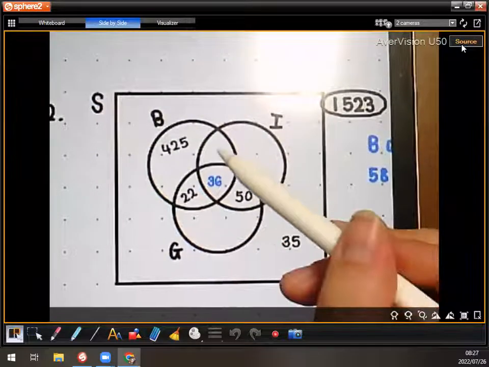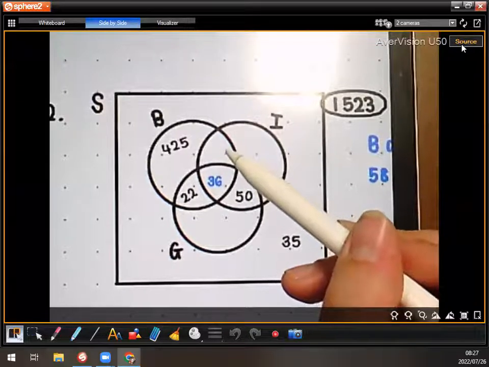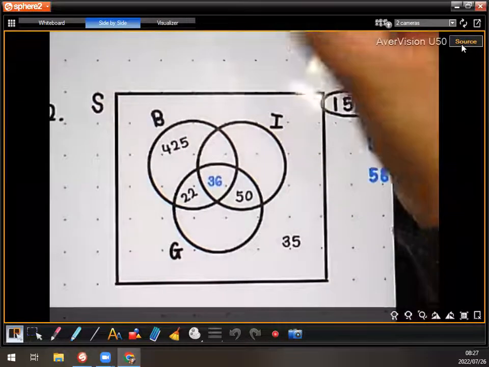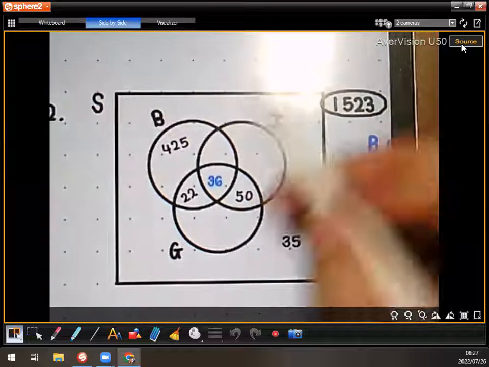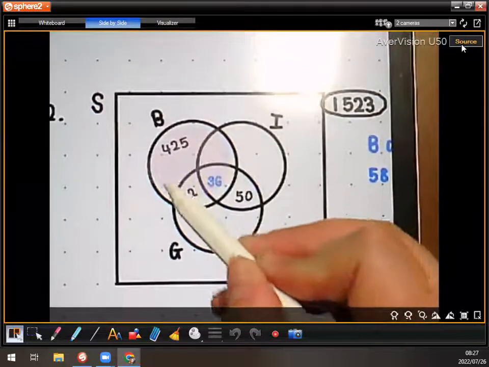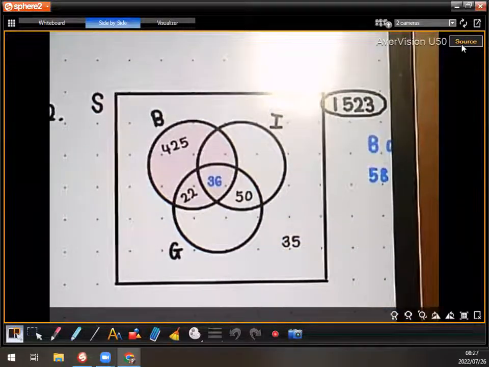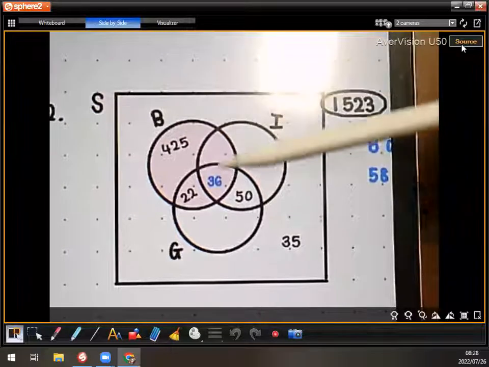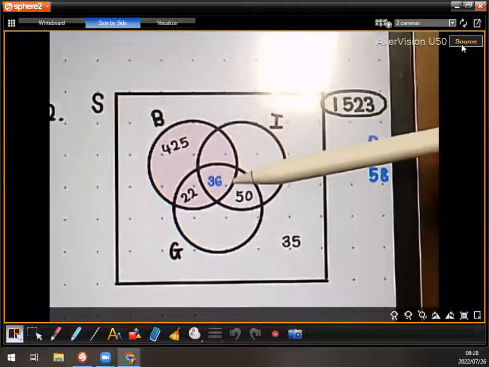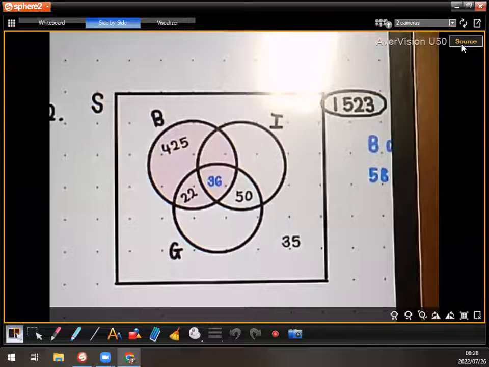That is how we're going to calculate that value, guys. So we're going to take 503 minus 425 minus 22 minus 36, and that will give us that value.